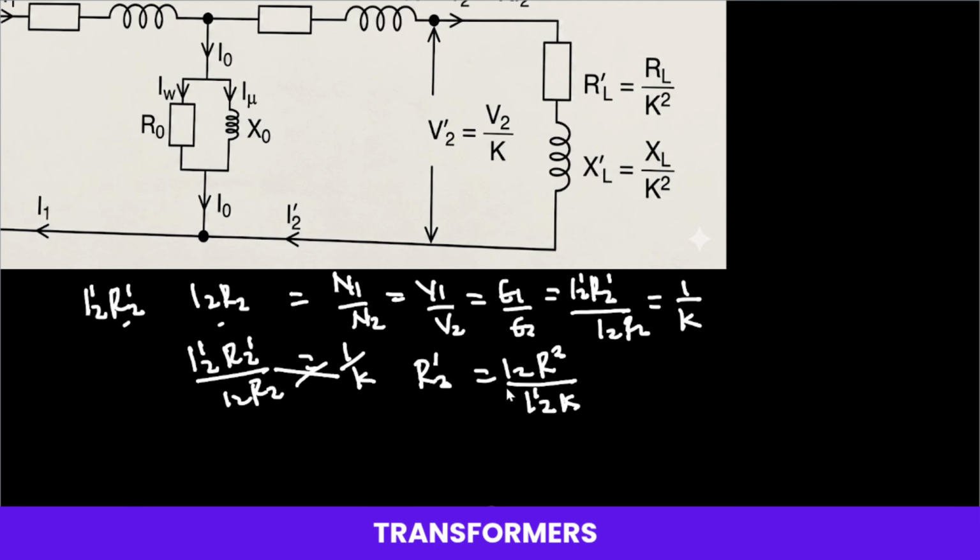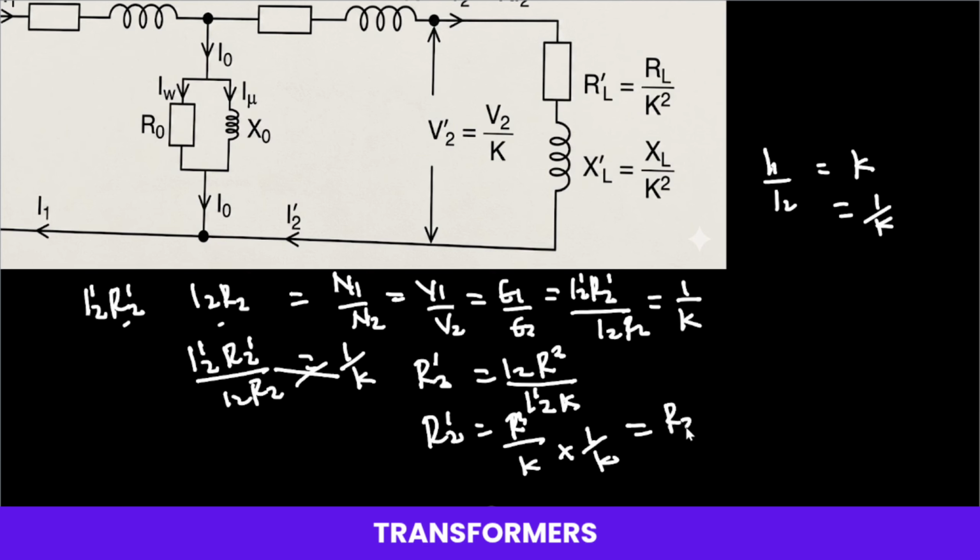Now from this equation we know that I1 over I2 is equal to K, right? So if you have the reciprocal of it, which is I2 over I2 prime, I2 prime is more or less I1, then we get 1 on K. So R2 prime is equal to R2 all on K multiplied by 1 on K. We already have this K here, so the result will give us R2 all on K squared.